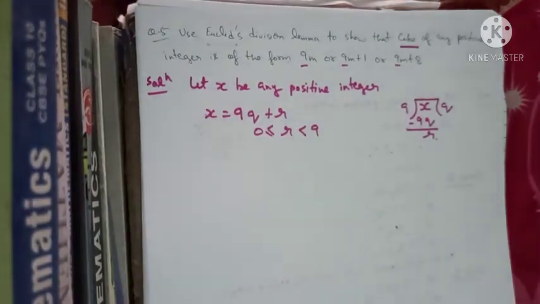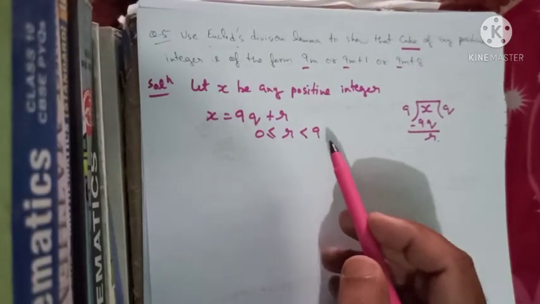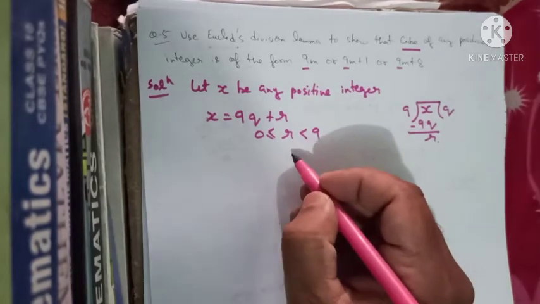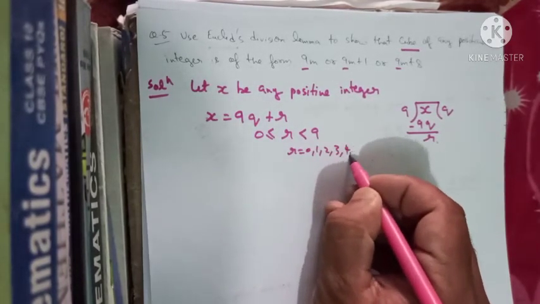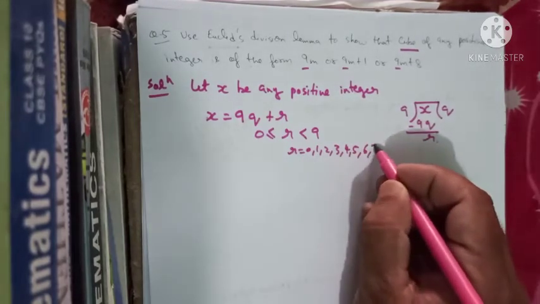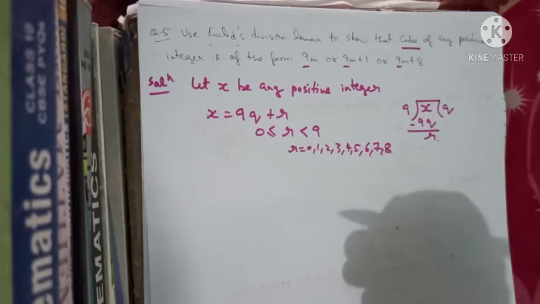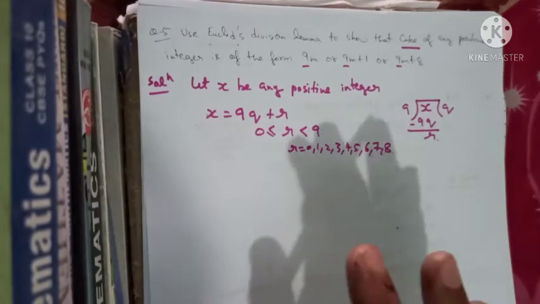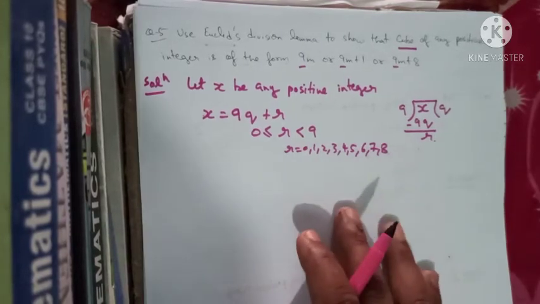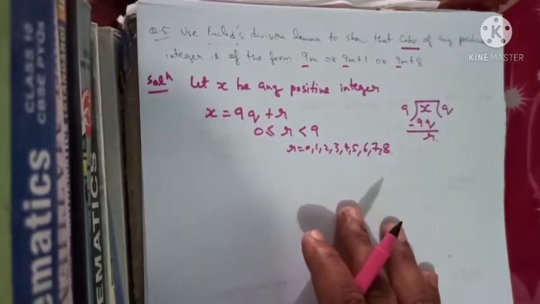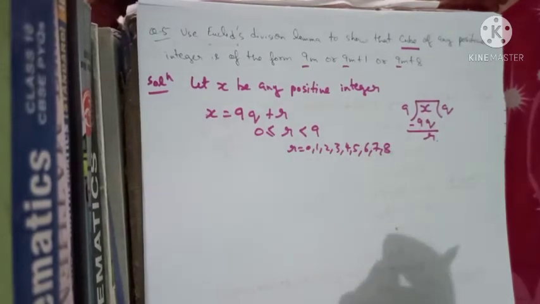But the problem is we have to take 9 values. Remainder will be 0, 1, 2, 3, 4, 5, 6, 7, 8. So many values are there. So the question becomes a little lengthy. Although you can do it by this method, there is no problem at all with this method, but we can make this question a little short also. How? Let us see how.